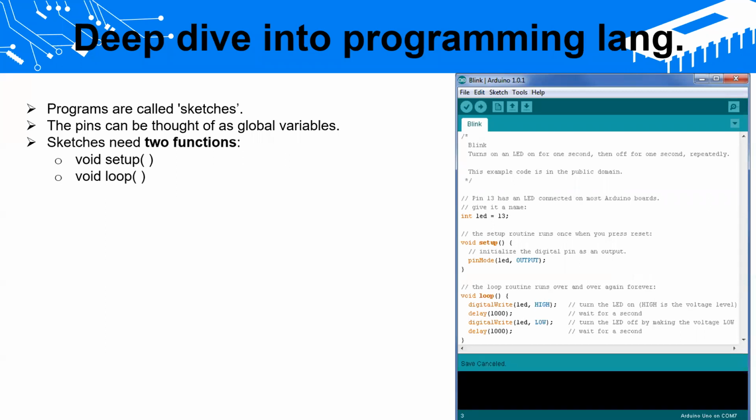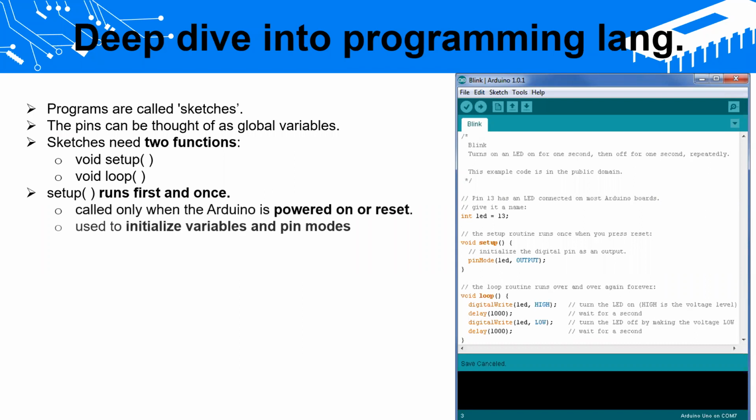In every Arduino program, there should be a setup and a loop function. The setup function sets up the environment. It only runs at the first execution, and unless we reset, it will run only once. It initializes the variables and sets the pin modes. Then we have the loop function, which runs over and over again.